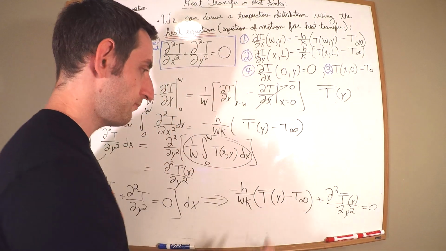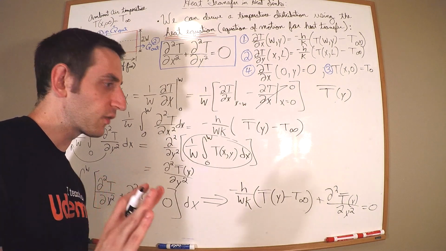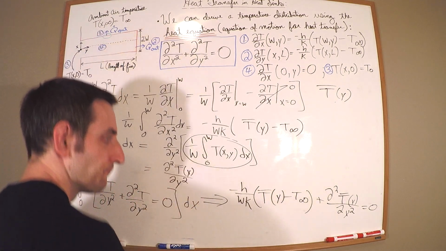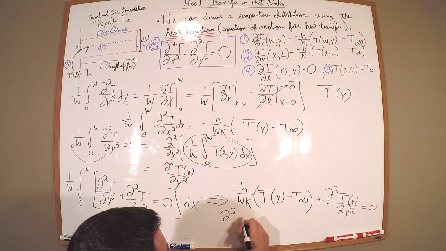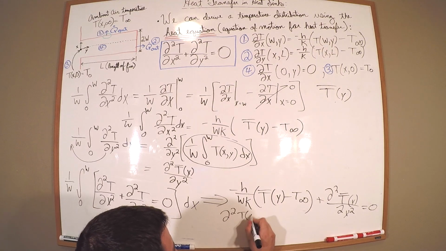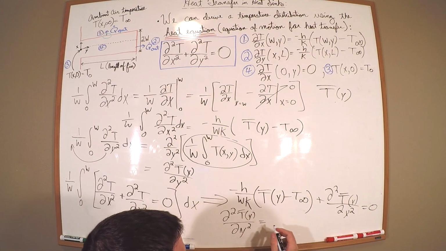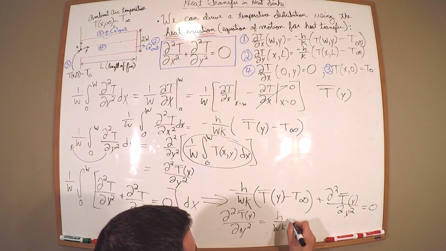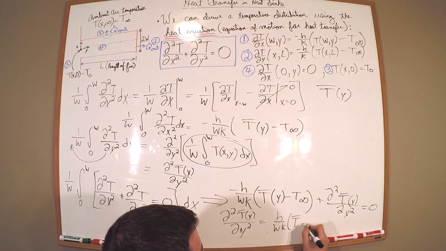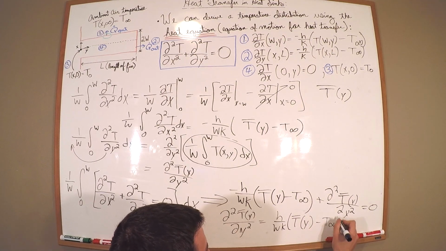So what we can do is just bring that guy over, and we get a much nicer equation. Look what we get. Now we get the second derivative of the average temperature distribution with y equal to h over wk times t of y minus t infinity.